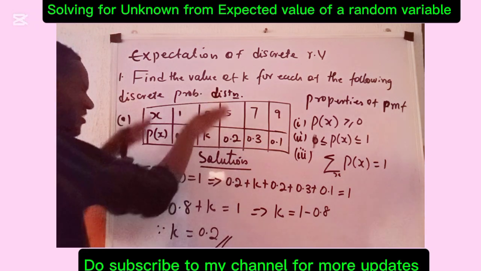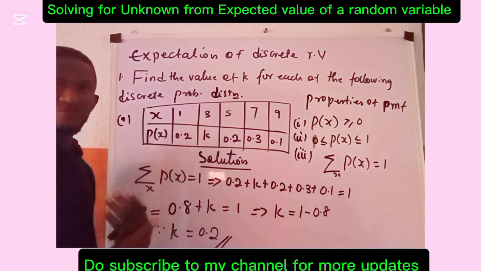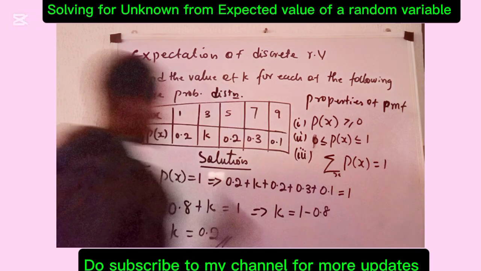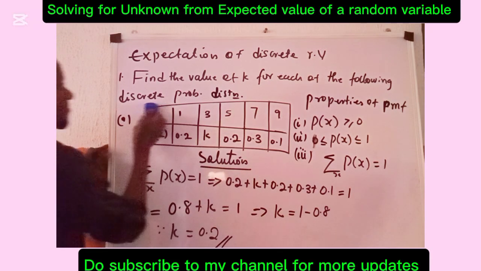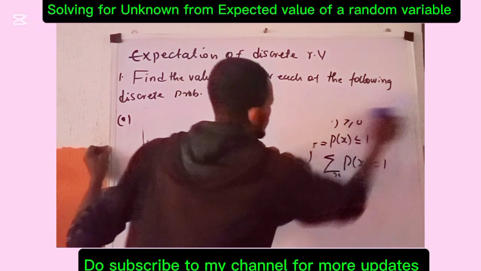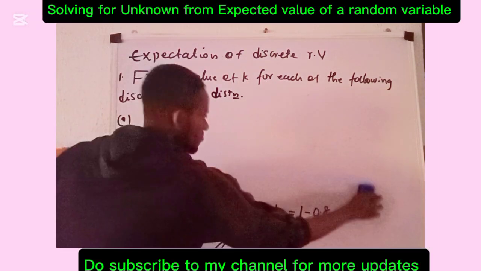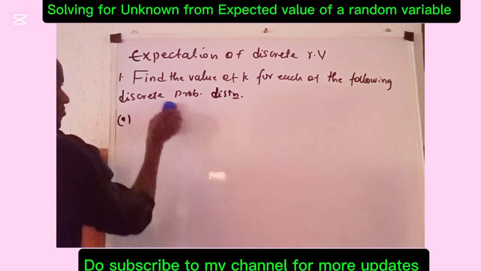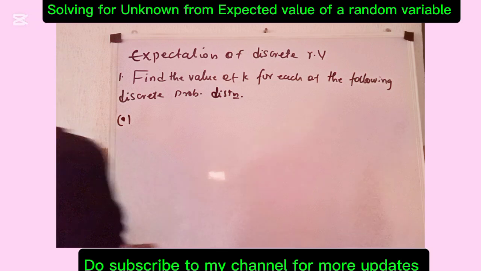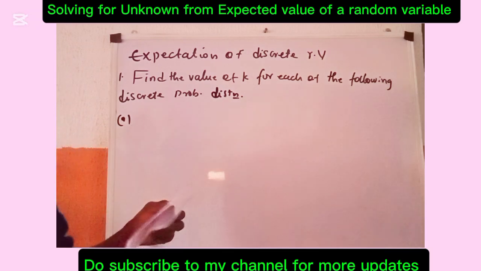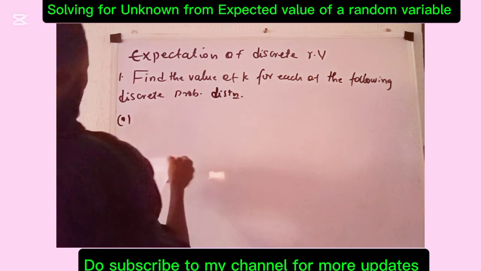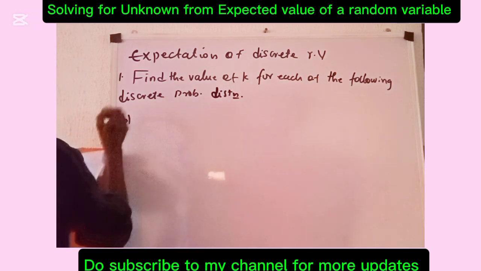So permit me to clean this one down while we take up question number 2 or question number B. Question number B says, and I write. This is B now. Okay?